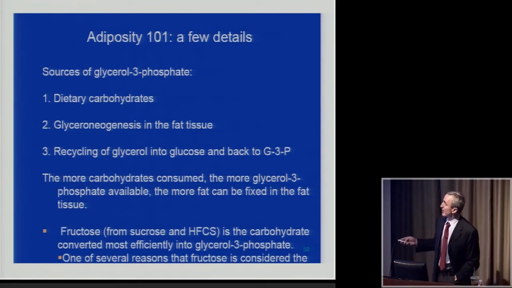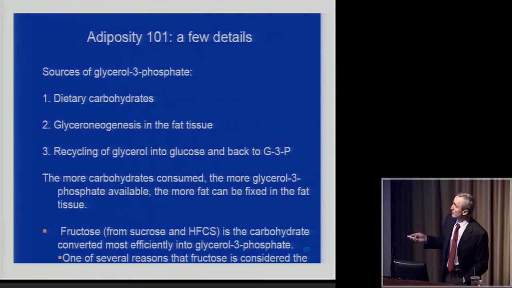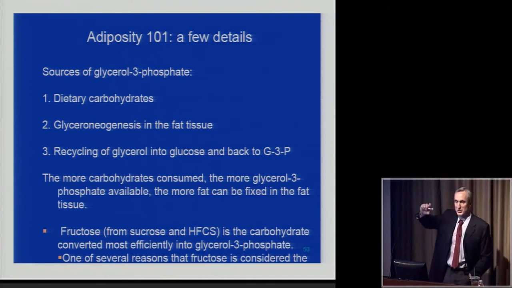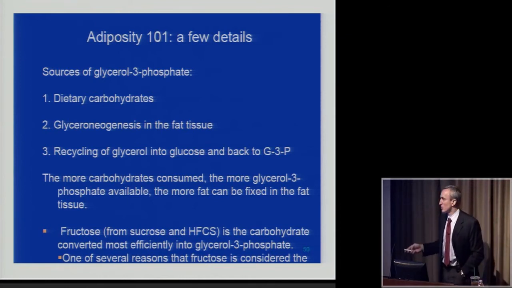There are various places you can get glycerol 3-phosphate: from dietary carbohydrates, from glycerol, from creating it anew in the fat tissue, which is another way that may indeed produce some, from recycling the glycerol that's released when fatty acids break down, and from fructose, which is interesting because fructose is what makes both sucrose and high fructose corn syrup sweet.